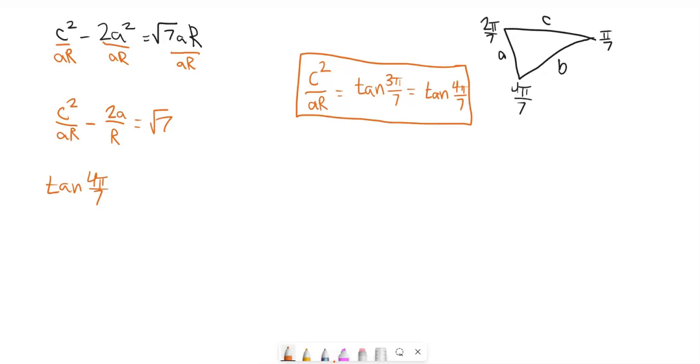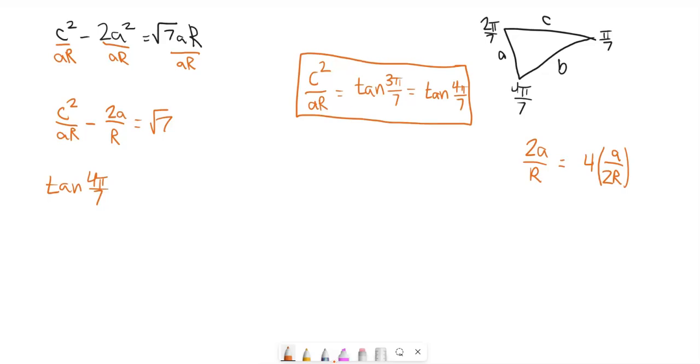We don't really have anything to associate with that, but here's what I'm going to show you. Going off to the side here, we have 2a over r. What happens is if you factor out the 4 from the fraction, you'll get a over 2r on the bottom.